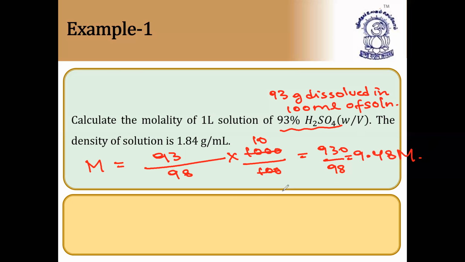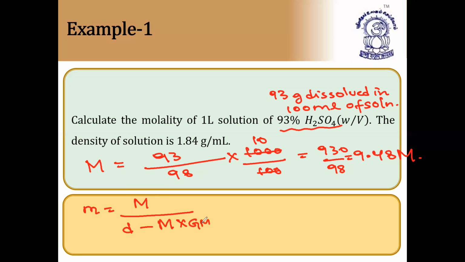Now substituting this molarity value in molality. Molality is equal to molarity, capital M, by D, that is density, minus molarity into gram molecular weight of solute.